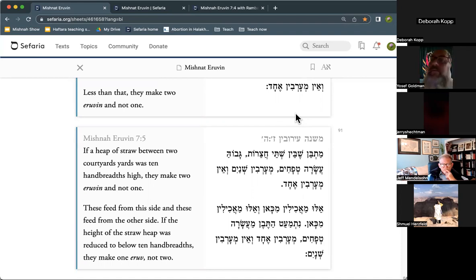Elu machilin mikan. Some animals are eating the straw from one side, ve'elu machilin mikan, and some other animals are eating the straw from the other side. So we might be eating into this barrier. It's not clear from the Mishnah whether we're eating into it on Shabbat or before Shabbat. Nitma'at hateven me'asrat tefachim. I think this must happen before Shabbat.